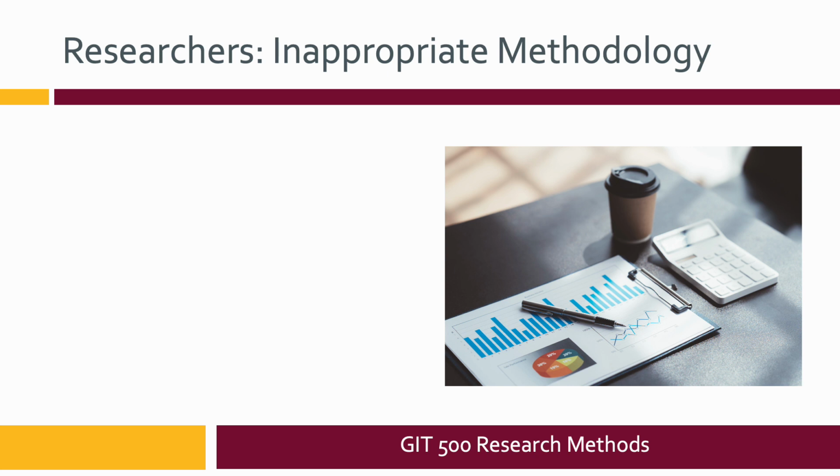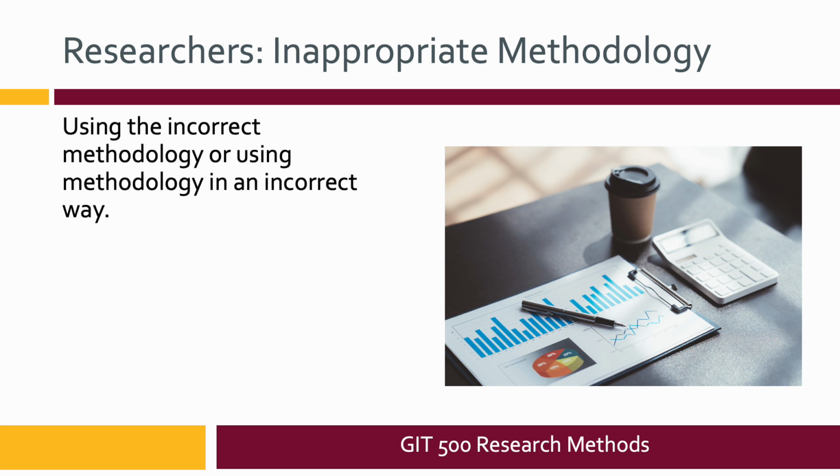Researchers also have to be careful to not use inappropriate methodology. That is just using the incorrect methodology that's not appropriate for what you are trying to discover or prove or whatever, or using methodology in a way that is incorrect. For example, if you selected a biased sample for participants that you know will answer a certain way that favors the outcome that you would like, that is not ethical.